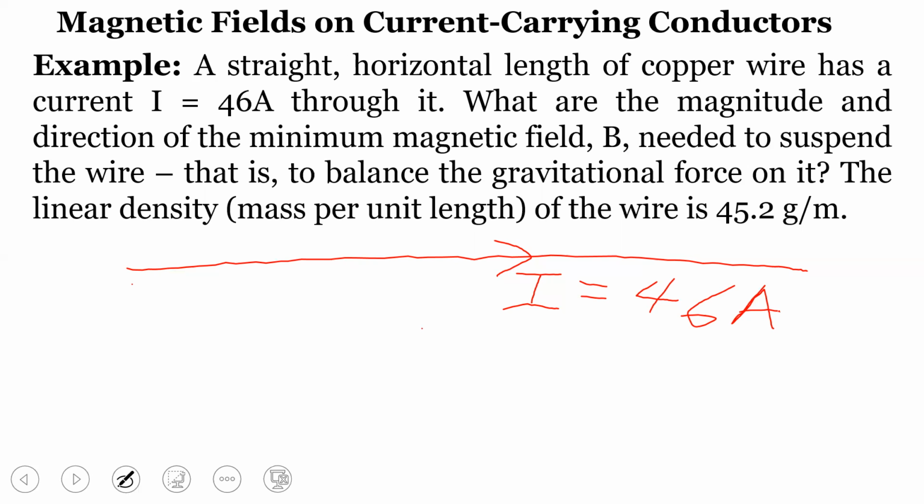From basic physics, you should agree that for that length of wire to be suspended, then the gravitational force, which is meant to pull it downward, is balanced with the magnetic force that is suspending it. What that means is that gravitational force here is equal to the magnetic force.